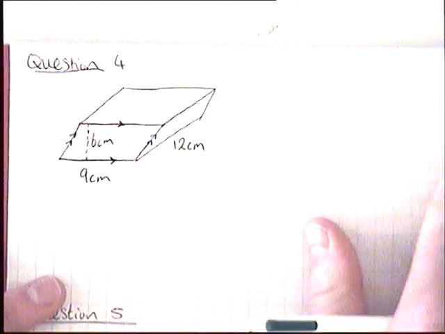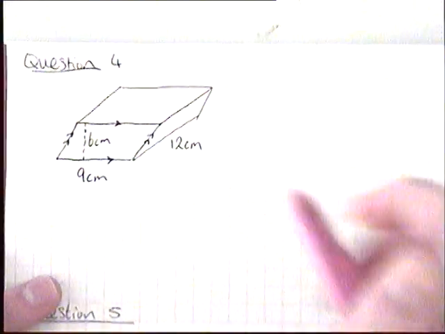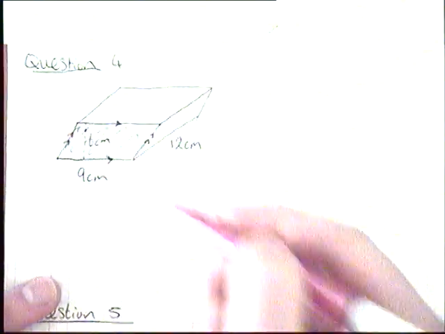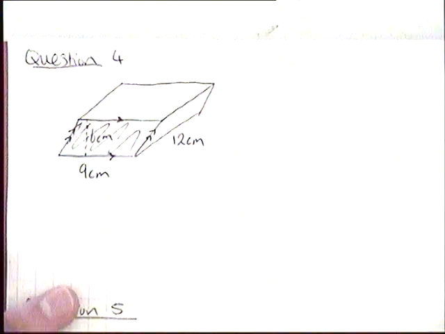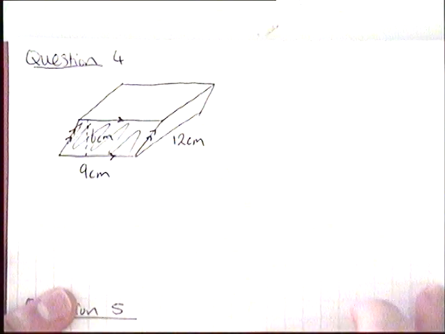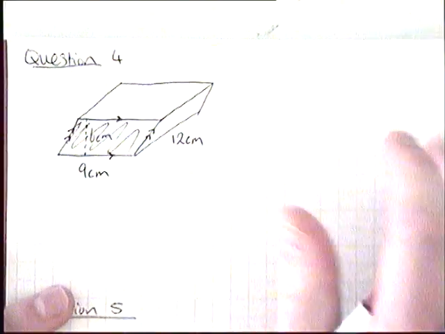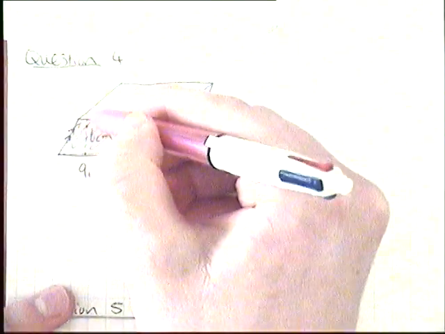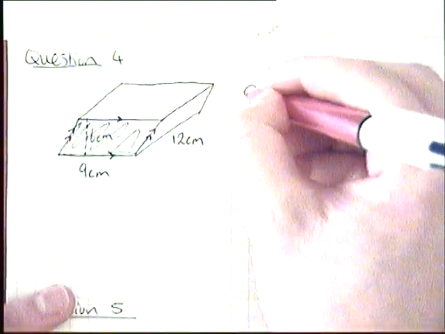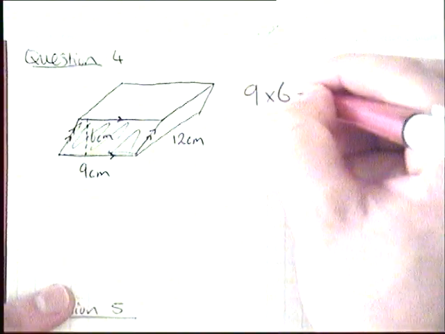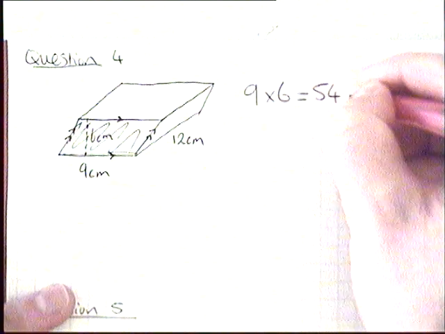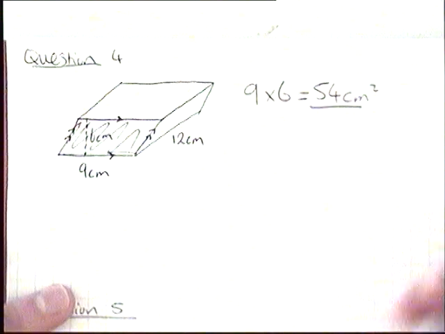Question 4. So this time our cross section is a parallelogram. Now, a parallelogram, to find the area of it, is the same as a rectangle. We're going to do length times the vertical height, or the width. So we've got 9 times 6, which is 54 centimeters squared.